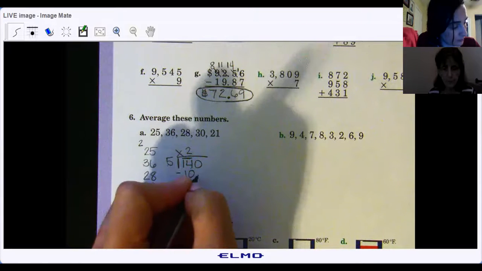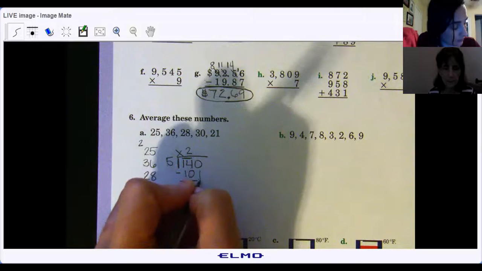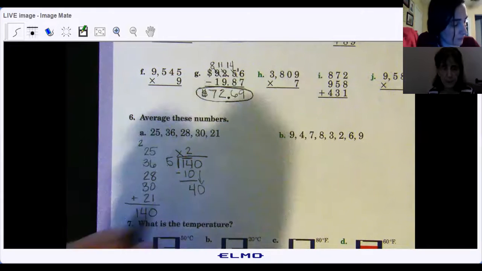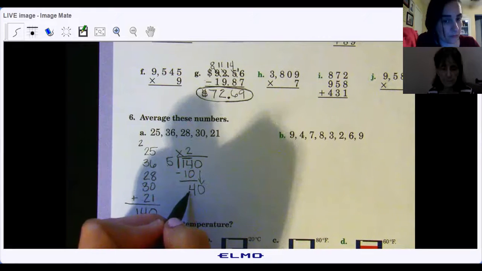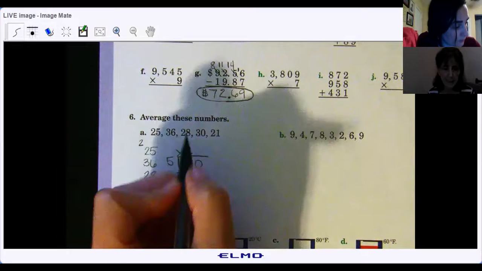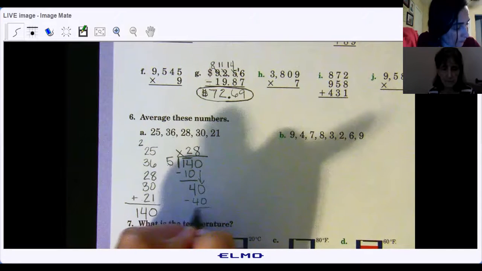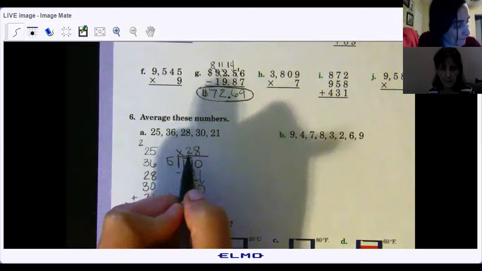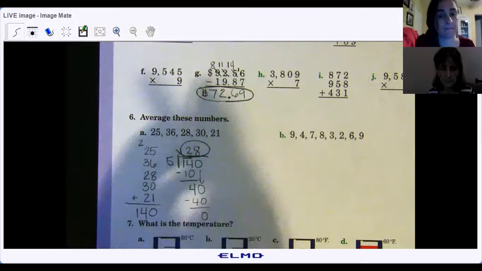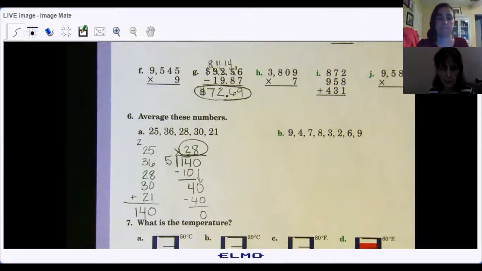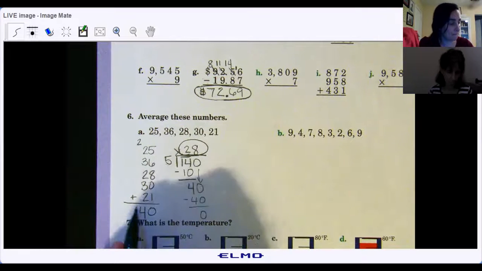You have help, bring it down. Now when you bring down, you have to go back and do your steps all over again. How many 5s in 40 is 8. 8 times 5 is 40. And it comes out evenly. Okay, 28 is your average and your sum is 140. Don't forget to circle both of them.